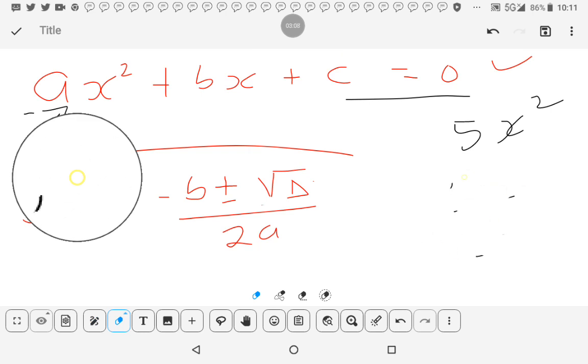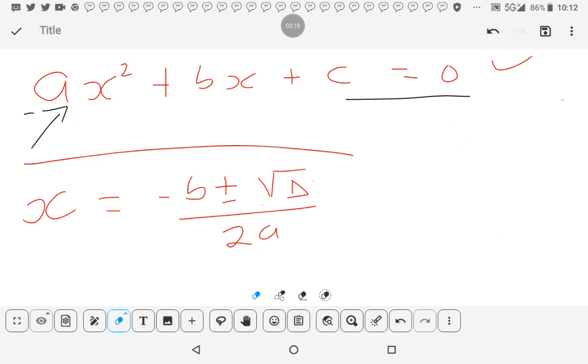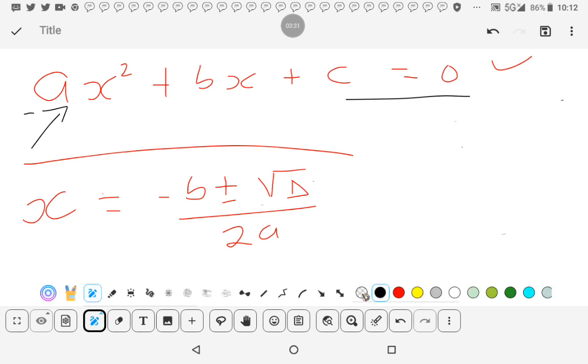Then what about b? B is the coefficient of x. In the quadratic form, we have two x terms there: one is x squared, the other one is x only. So if I have 2x, the coefficient of x is 2.